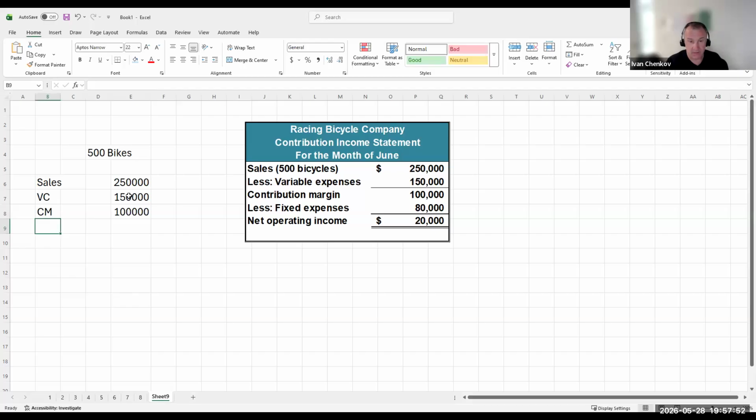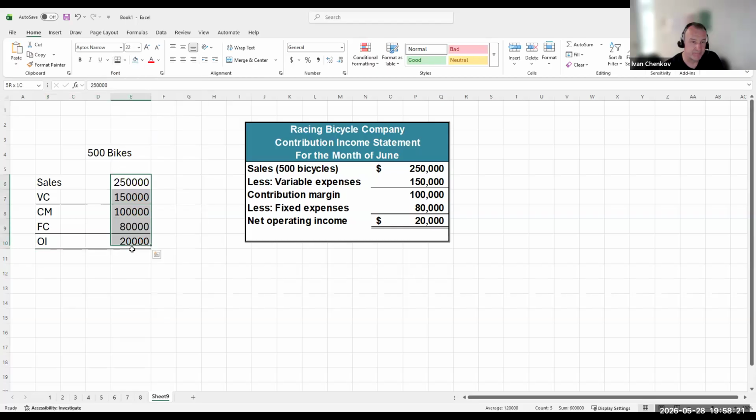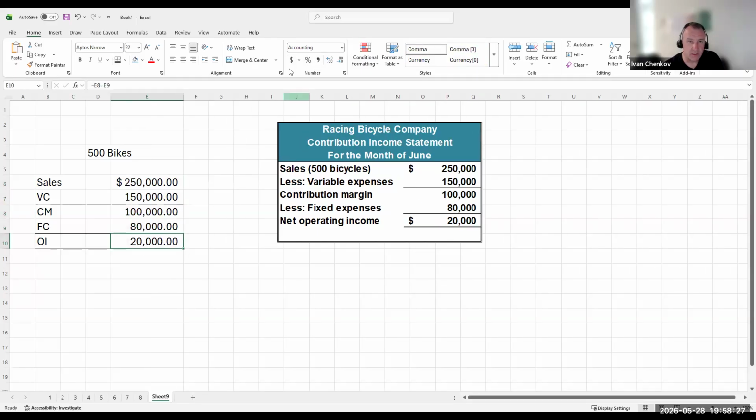The operating expenses, or fixed cost in this case, is equal to 80,000, and the operating income is equal to this one minus that one. I have to add one more zero, and then we got it. All right, put the lines, make it the right format here, and then we understand reality. Let's put the numbers here, dollar sign on the first one, dollar sign on the last one, and we have the perfect contribution margin income statement when we're selling 500 bikes.